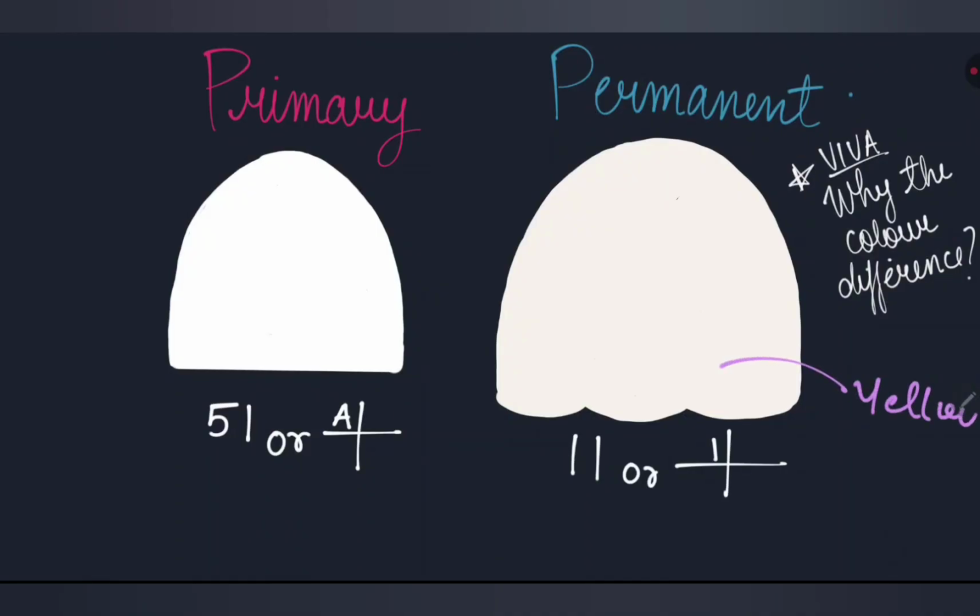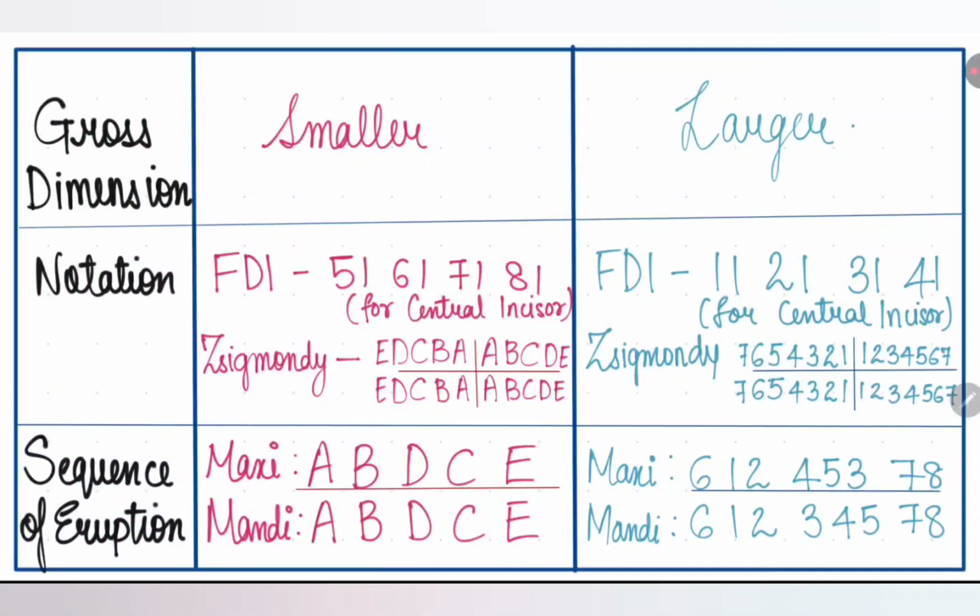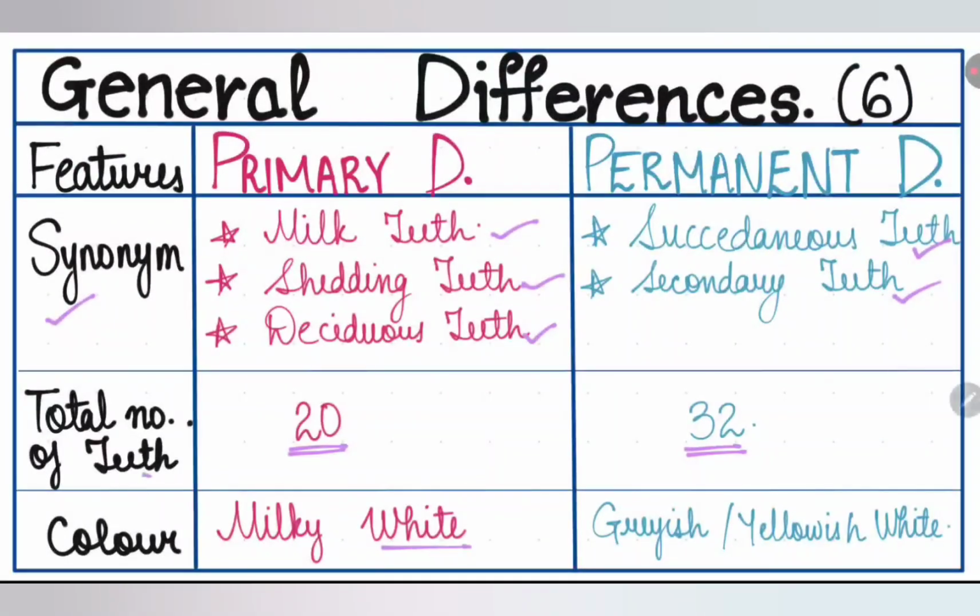As you can see here, the primary teeth appear milky white, whereas the permanent teeth appear yellowish white. Why? Because the enamel is translucent and the dentine is thicker in permanent teeth. So we have seen 3 factors: the synonym, the total number of teeth, and the color.